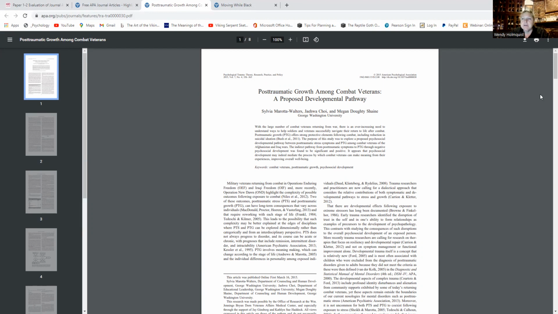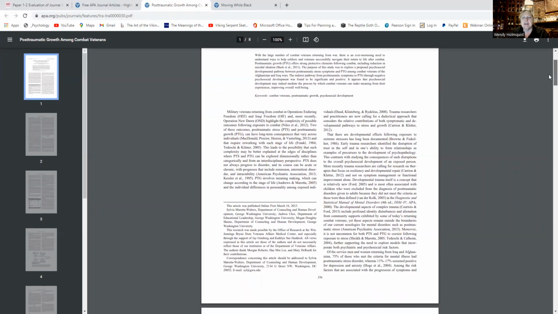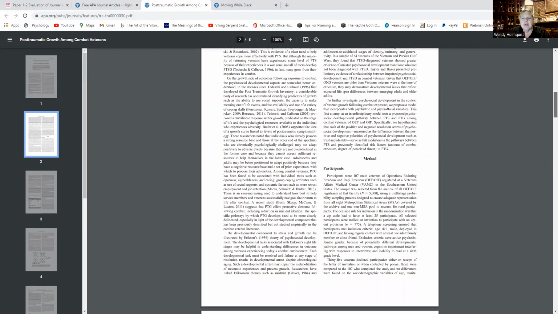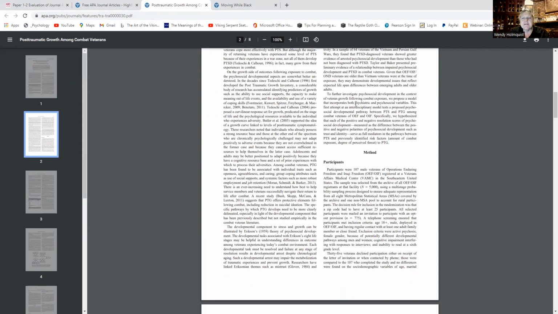So if this is something that would be interesting to you, first thing you're going to have to do is read the abstract. Is it a study? Is it an experiment? What did they do? I don't even know. First thing you're going to do is read that introduction. After the introduction, you're going to probably find the hypothesis right here to further investigate, and it's going to tell you exactly what they did.